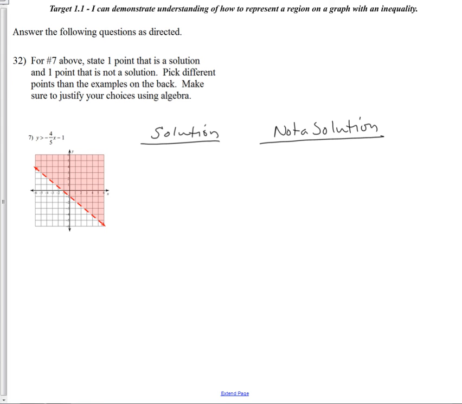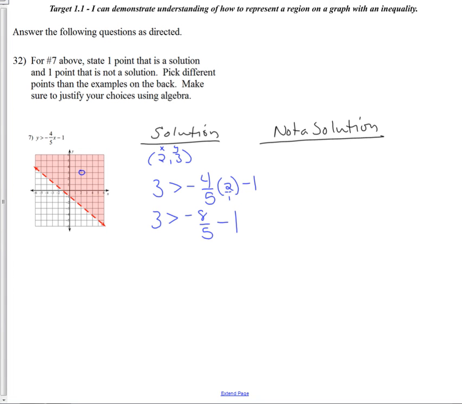So let's see, I'm going to pick (2, 3). Now remember, that's x and y, so let's get them in for the right variables. 3 is y. So simplifying, 3 is larger than negative 4/5 times 2. Well, remember that's 2 over 1, so that'd be negative 8/5 minus 1.